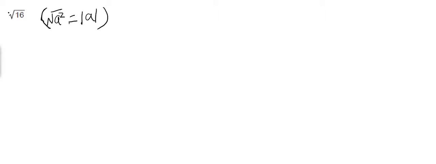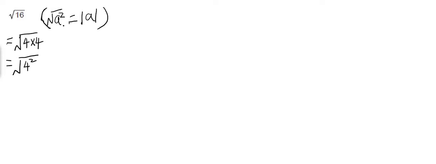Now let's take a look at this square root of 16. Let's take a look at this example. If we factor this number, we can write down 4 times 4, right? And for the 4 times 4, we can write down as what? 4 square, right?